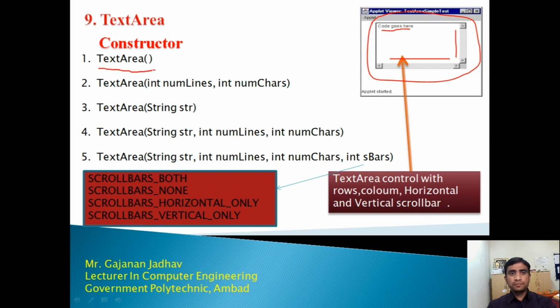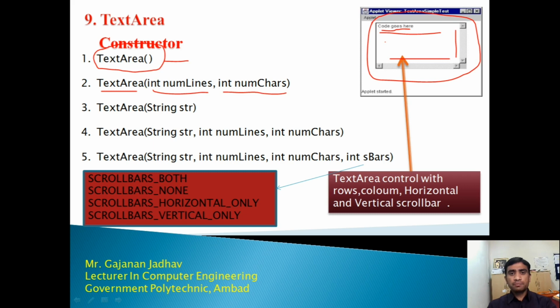The first constructor will create a text area with some default number of lines and number of characters. Second constructor will create a text area with specified number of lines and number of characters.